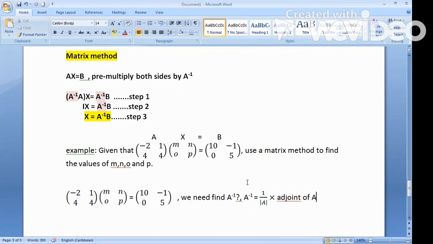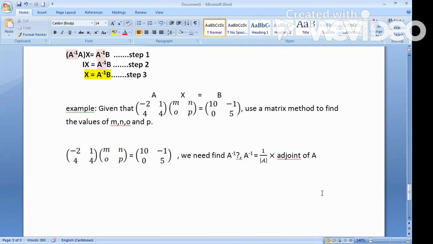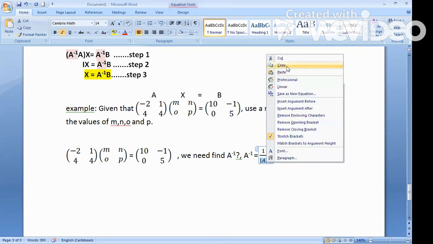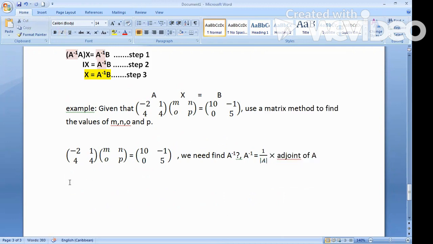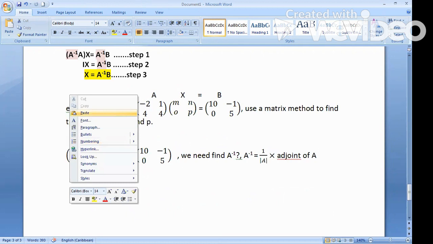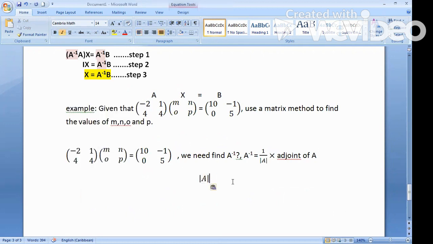So can you go ahead for me? You know what, let me do this one for you guys. So, determinant is equal to, how do we find determinant, class?